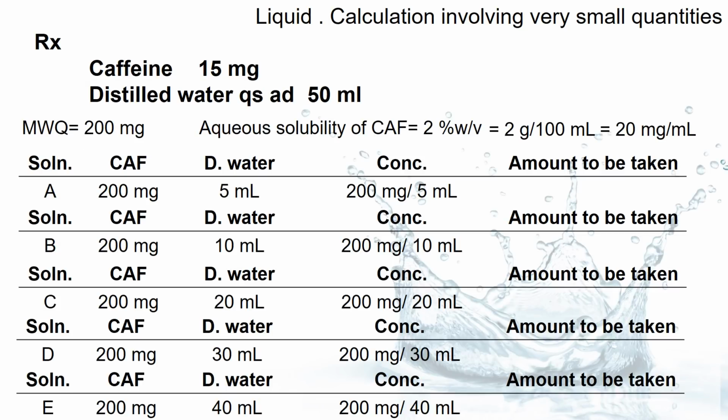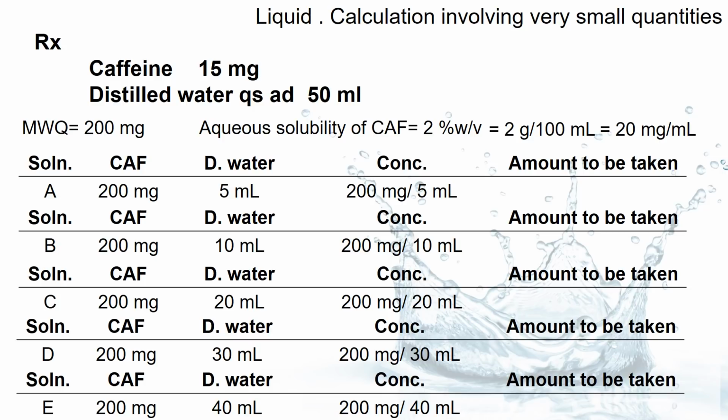In this type of situation, what you have to take into consideration is the solubility of the active ingredient. In this case, the aqueous solubility of caffeine is 2%, or 2 grams in 100 ml, or 20 milligrams per ml. Given all the solutions we have, the amount to dissolve is the same, but the volume of water used is different, so you end up with different concentrations.